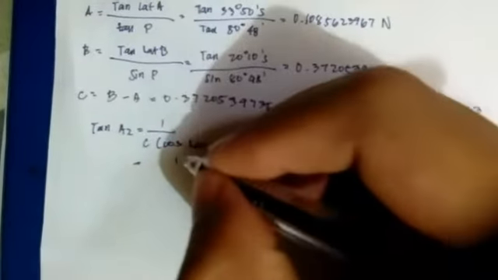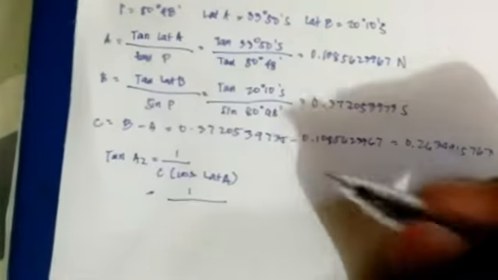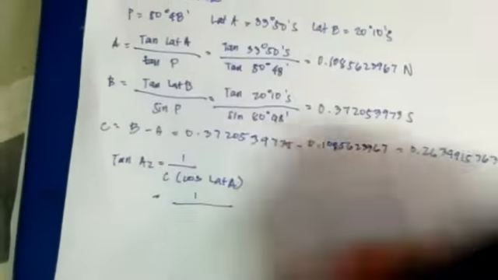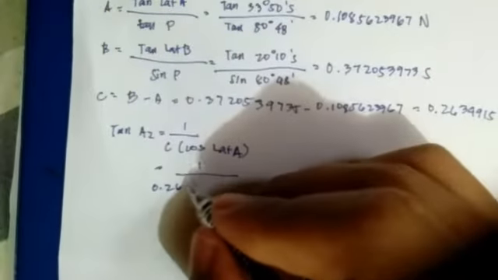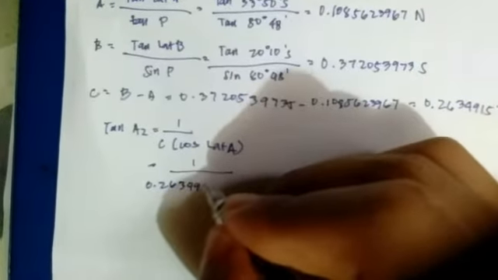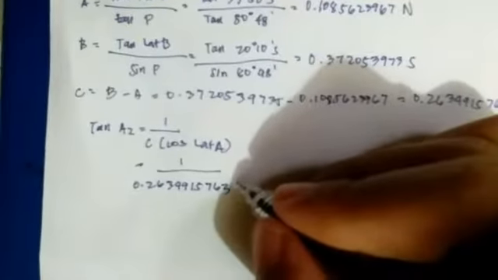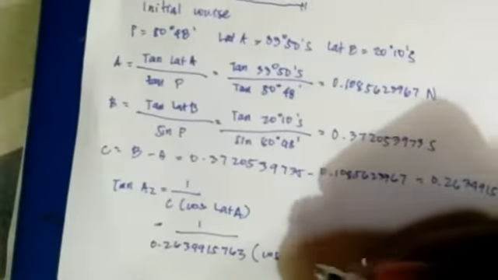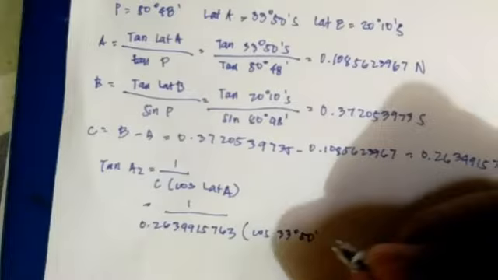So we use our gathered data, which is 1 over C, which is 0.263491573, times cos latitude A, which is 33 degrees and 50 minutes.